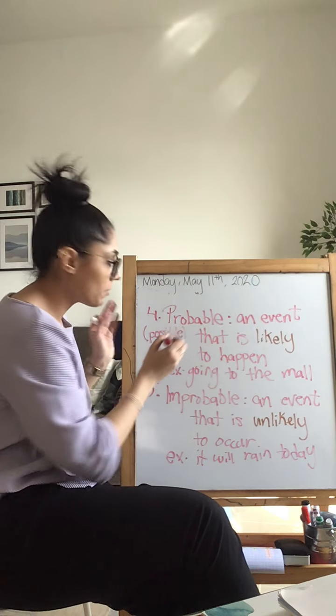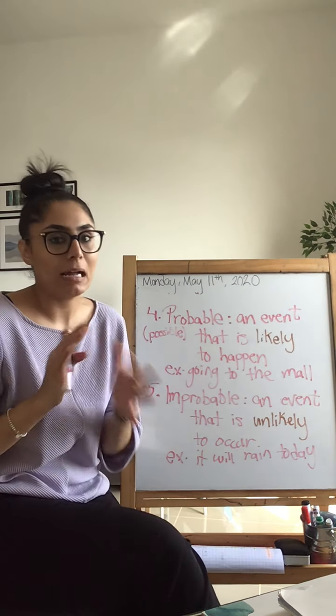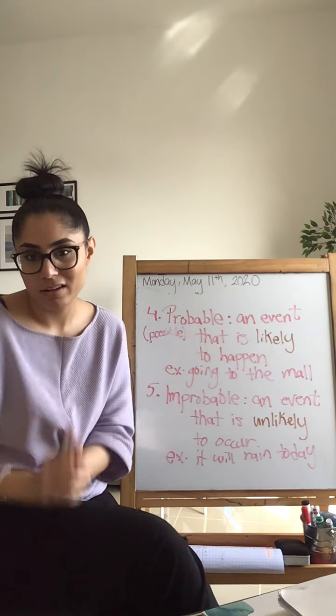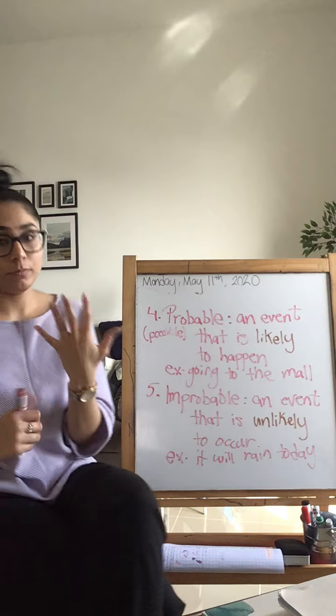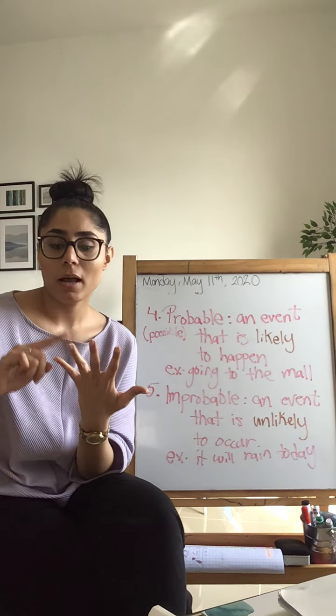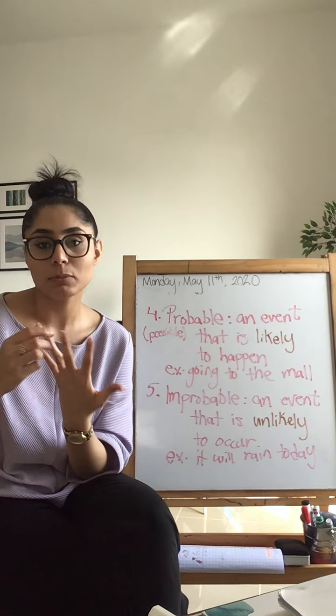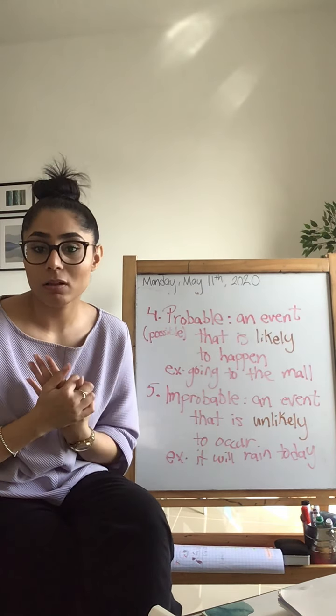Possible and probable are pretty much the same thing. And improbable, which means unlikely. It may still happen, but very unlikely. Okay? So there's 5 words, terms, vocabulary words you have to understand: impossible, possible, certain, probable, and improbable. You need to know what all of those mean.